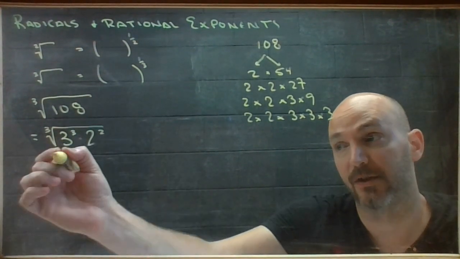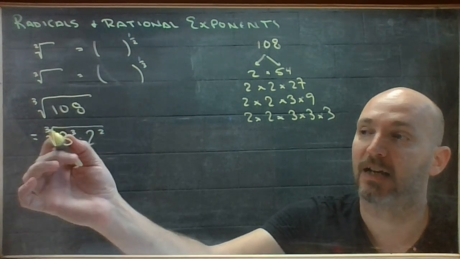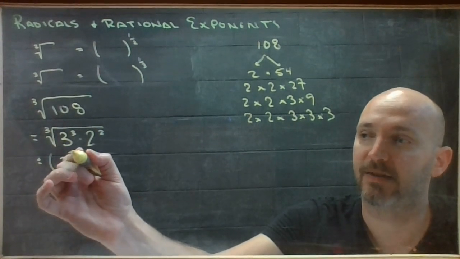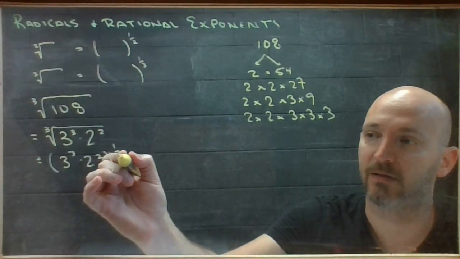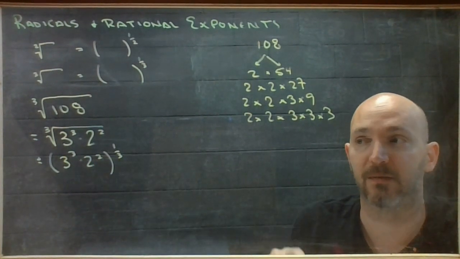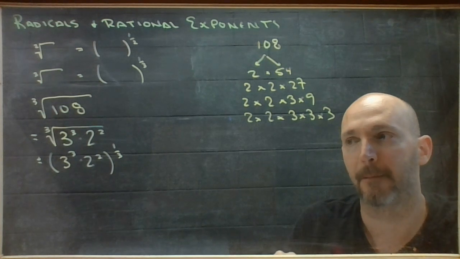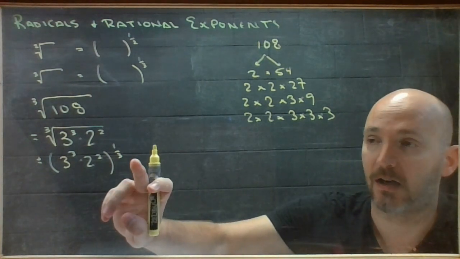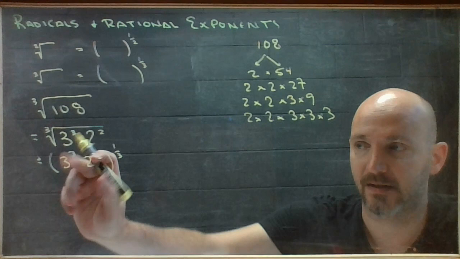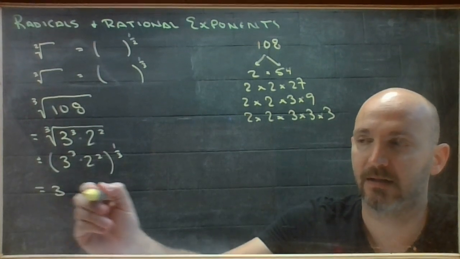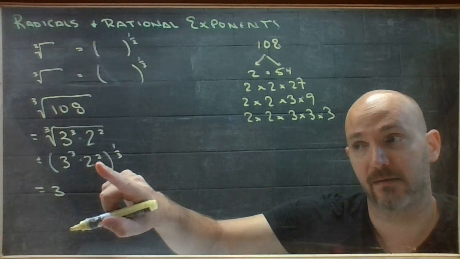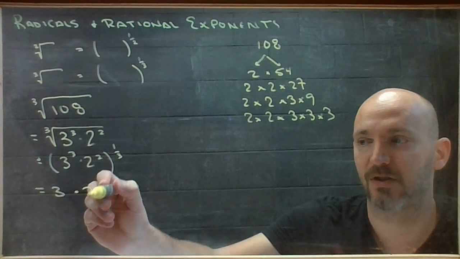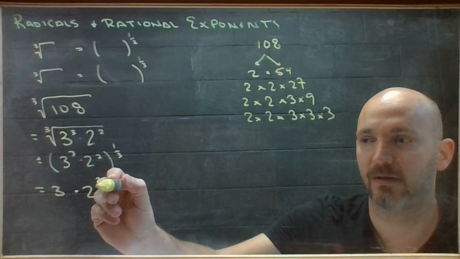So acknowledging for the last time that a cube root is just the same notation as a fraction exponent, with a 3 in the denominator, my exponent allows me to apply this to this, leaving only 3 behind. I can apply this to this, which gives me 2 to the 2/3.